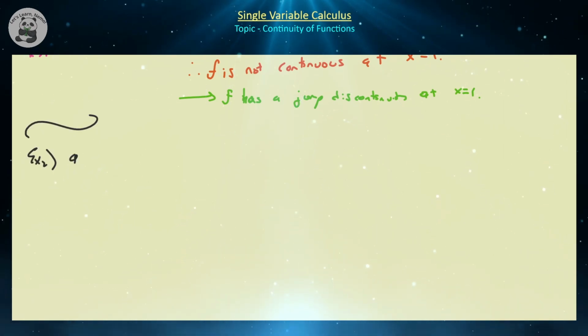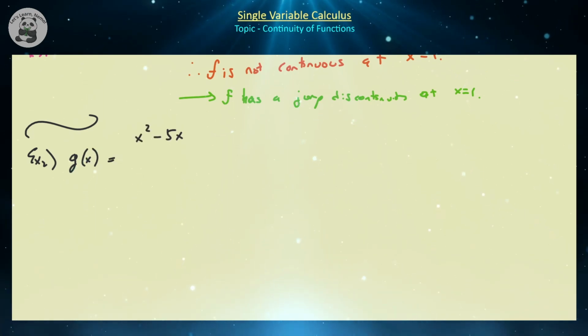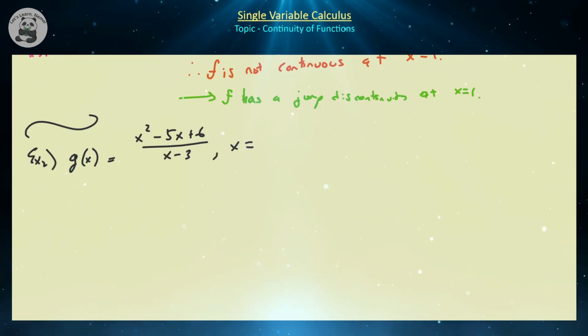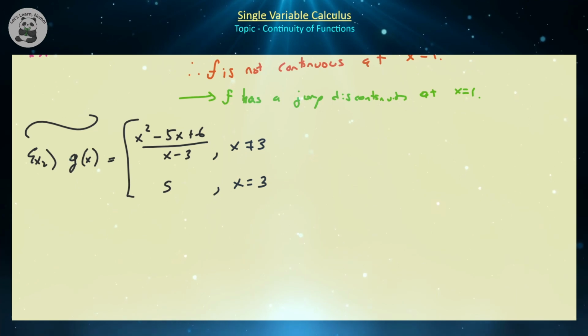So example 2. Let's define g of x to be equal to x squared minus 5x plus 6, all divided by x minus 3, for x not equal to 3 because we can't divide by 0. And let's define it to be 5 when x does equal 3. Let's analyze the first piece first because obviously it has some issues.